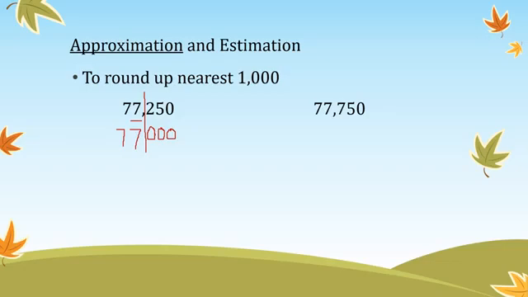Let's see the second number here. This 7 is the one that is in the thousands place. So now the rest of the numbers turn into zeros.